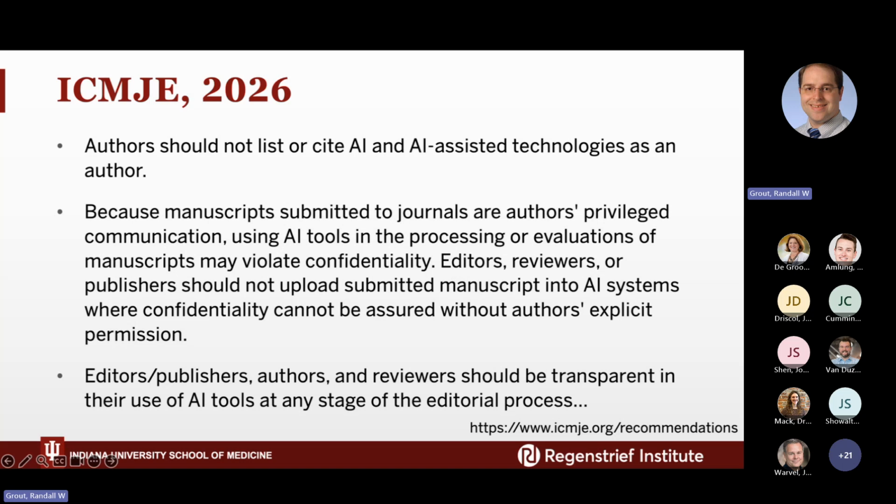But in general, as I reviewed many different journal policies or an editor's policies, I didn't see an approval to use AI for the review process, mostly centering around confidentiality of unpublished manuscripts.